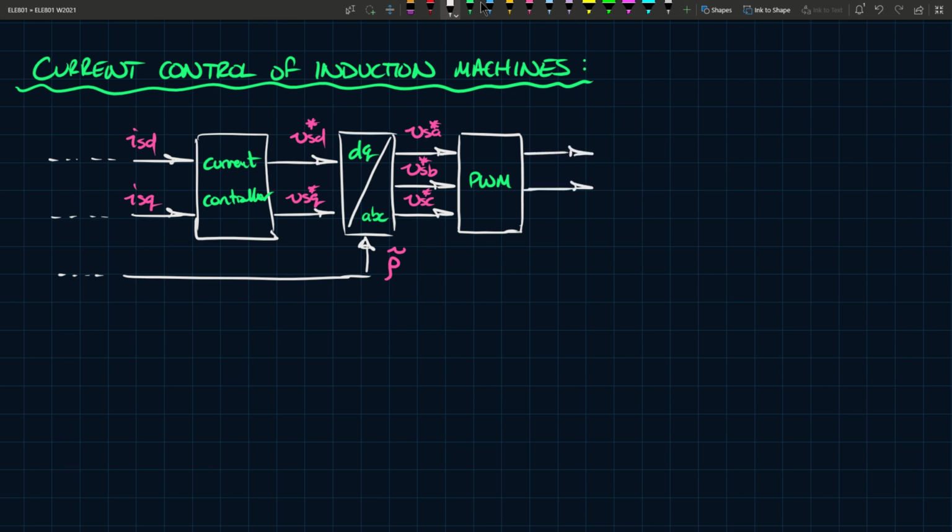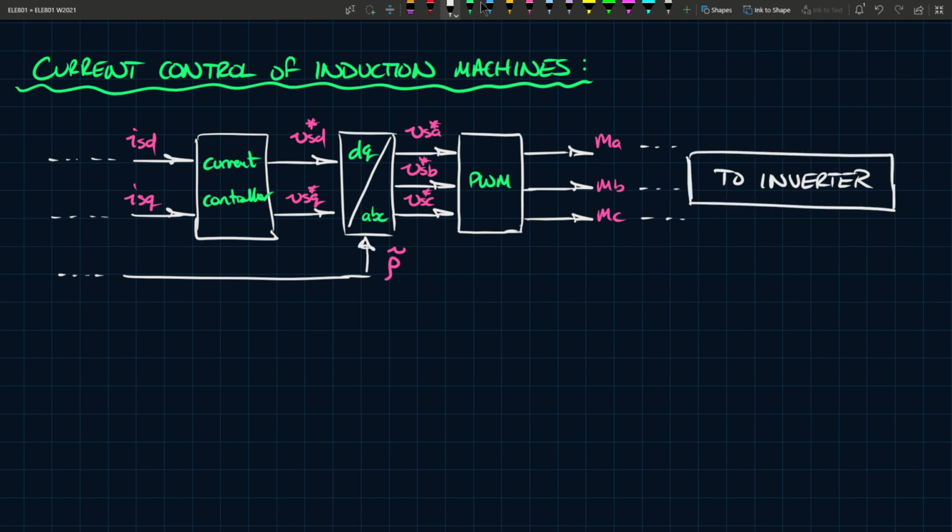The outputs of these, usually they call them modulating indices, let's say MA, MB, and MC, and these three will go to the inverter. So the inverter will generate the signals that we need based on the values of MA, MB, and MC.